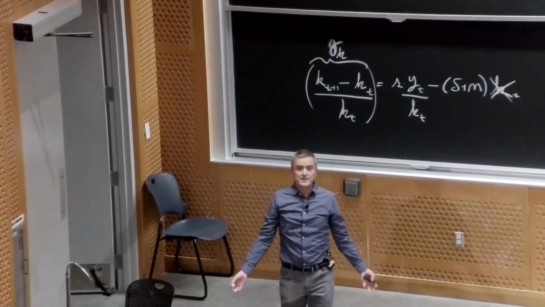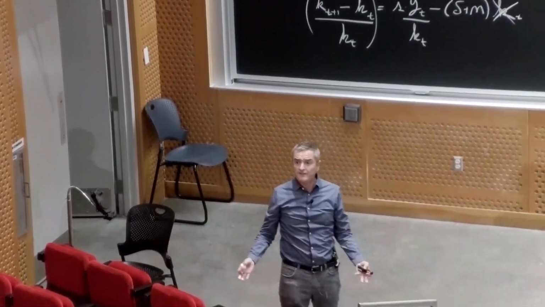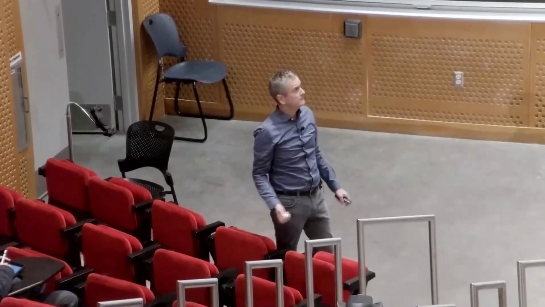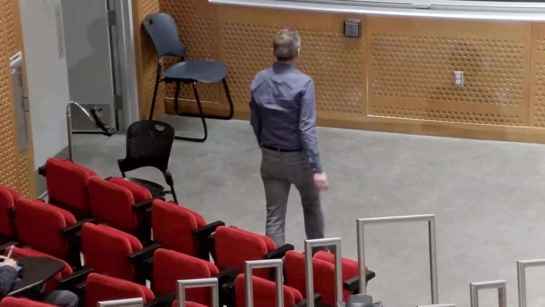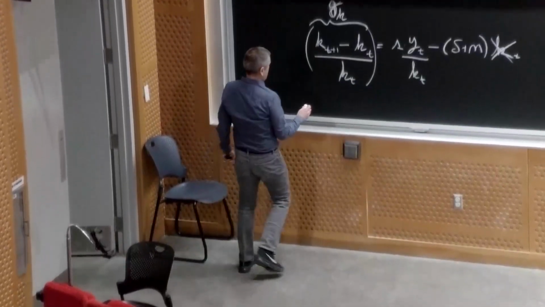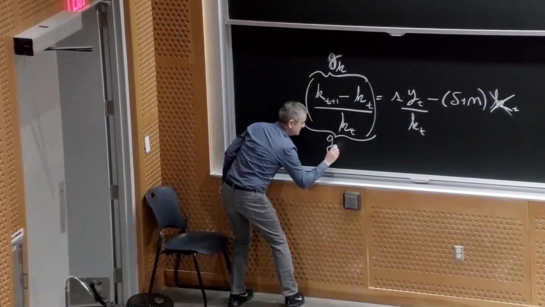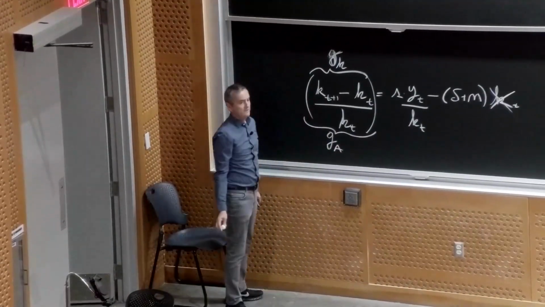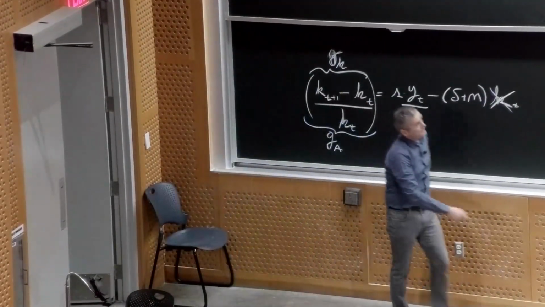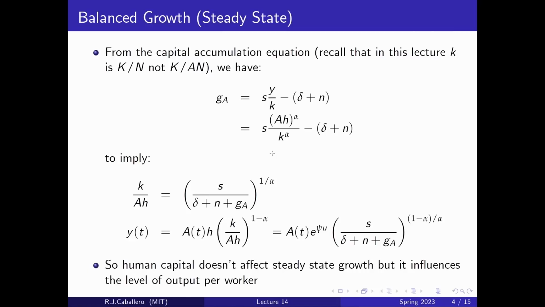But in a steady state, the rate of growth of k, capital per worker, is equal to what? GA is the rate of growth of technology. So in a steady state, this is equal to GA. And so what I wrote there should be exactly that. Is it? Yes. Good.